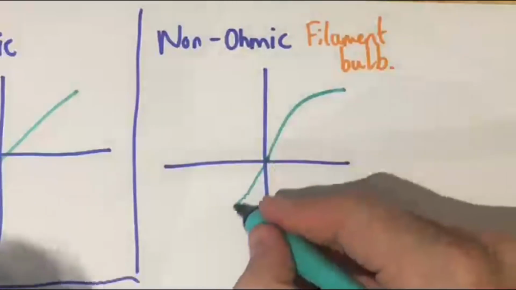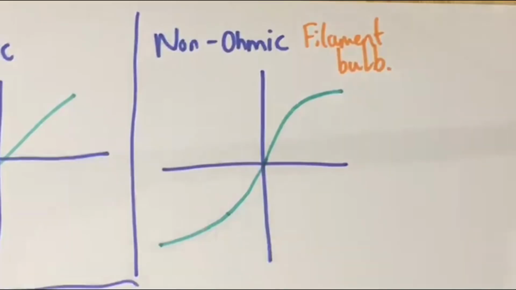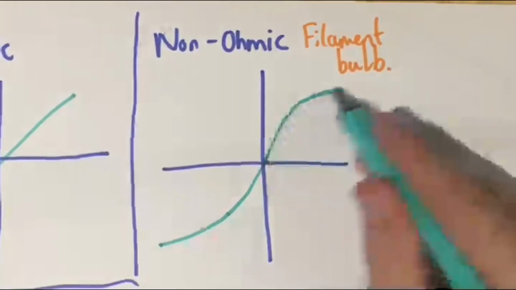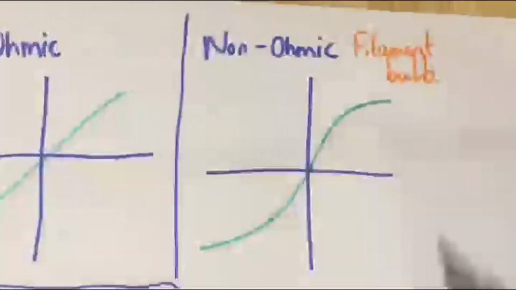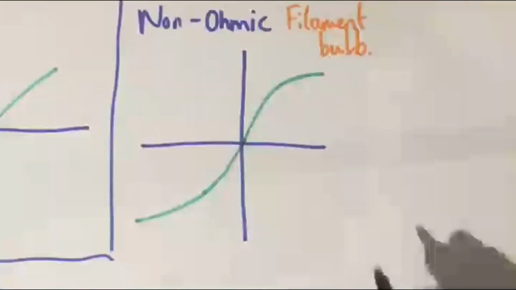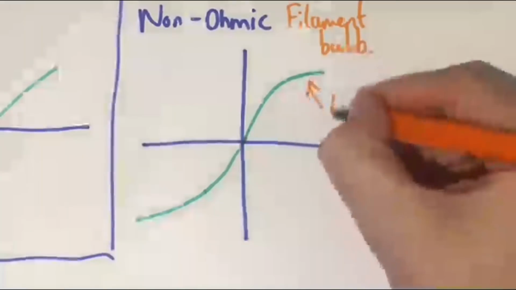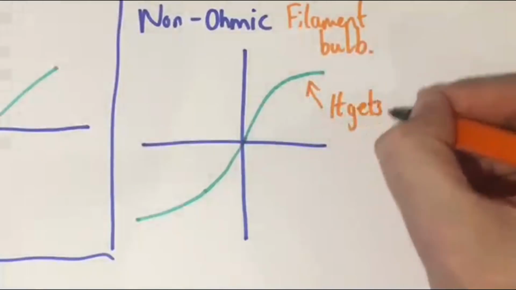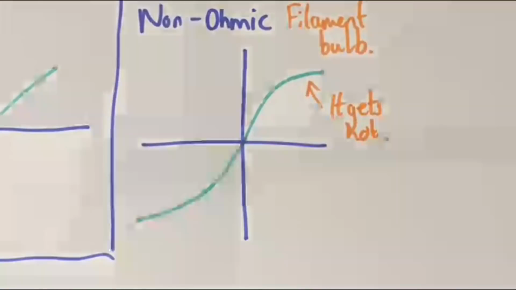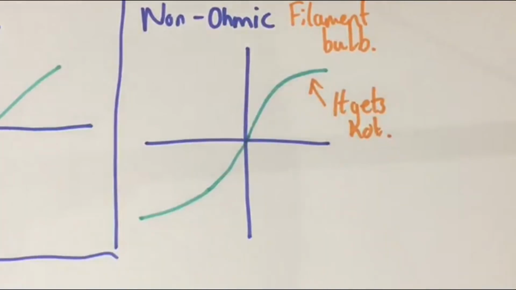So you get this weird kind of S-shaped curve. The reason that you get a curve rather than a straight line is because the wire gets hot.